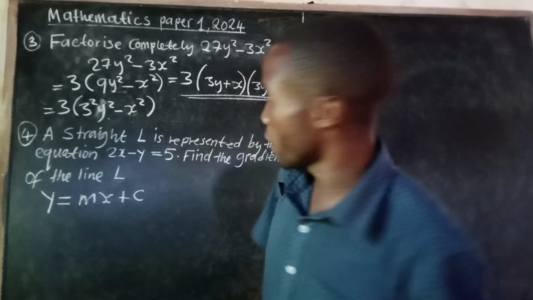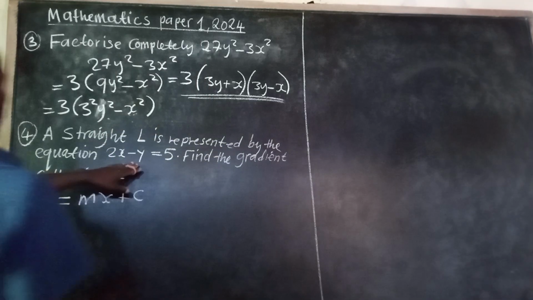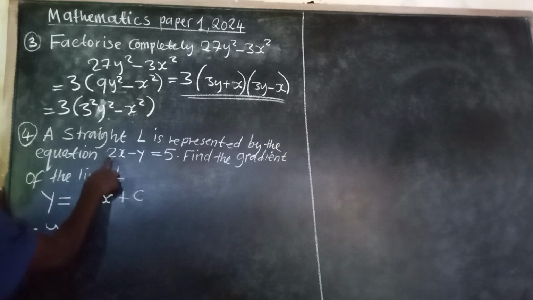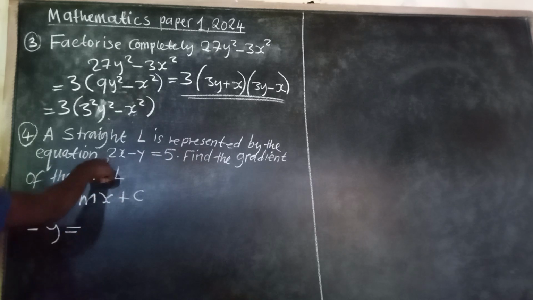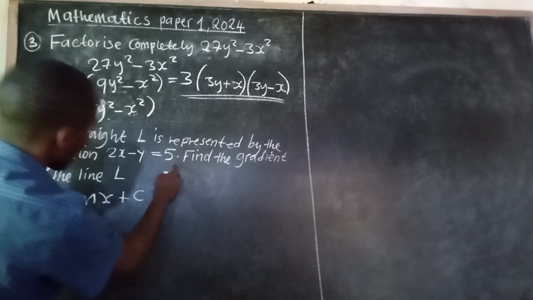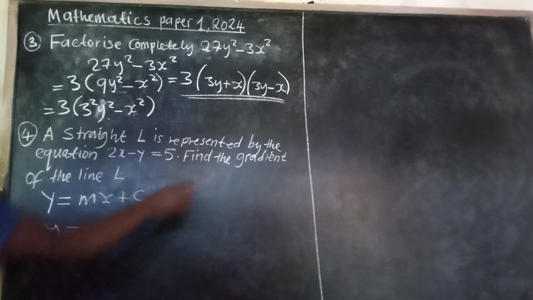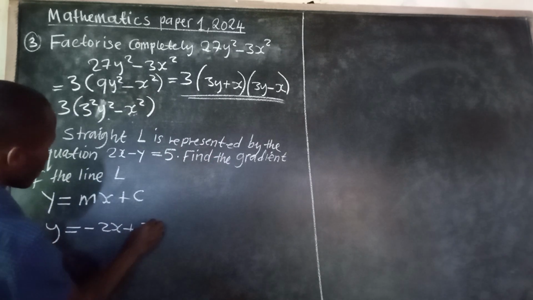So let's rearrange. We have negative y equals, then this is 2x, and here it's positive. When it crosses the equal sign, it will become negative 2x. Then 5 is already there, then plus 5, which is positive.